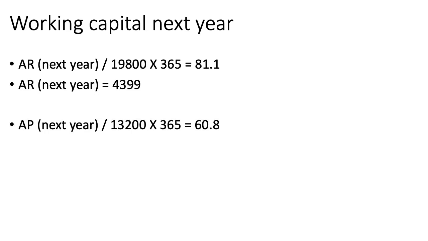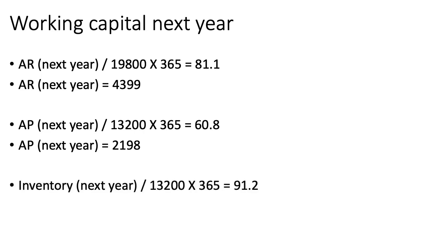Basis 365 days, we calculate for AP and that comes to 2,198. We also know that DIO, which we calculated earlier, is 91.2. Given our COGS is 13,200, our inventory basis 91.2 as DIO is 3,298 rupees for next year.